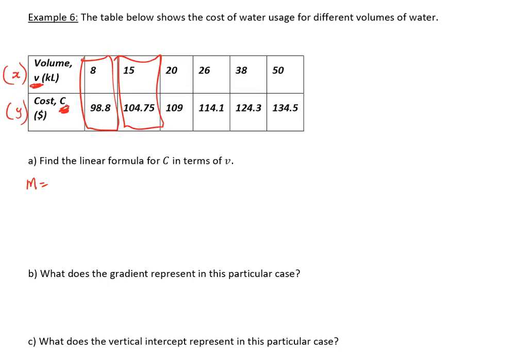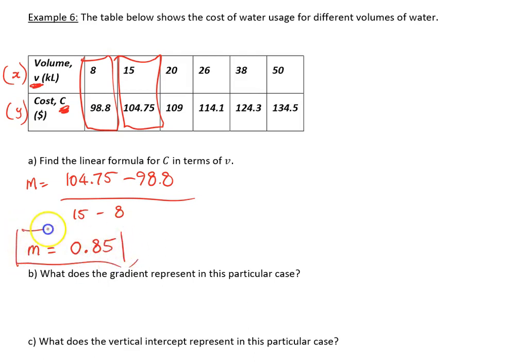So the difference in the bottom line of my table is 104.75 minus 98.8 over 15 minus 8. If I punch that into the calculator, I'm pretty sure I get m equals 0.85. Remember, that's an important part of my answer. That's going to score you some marks in this question if you don't go any further.